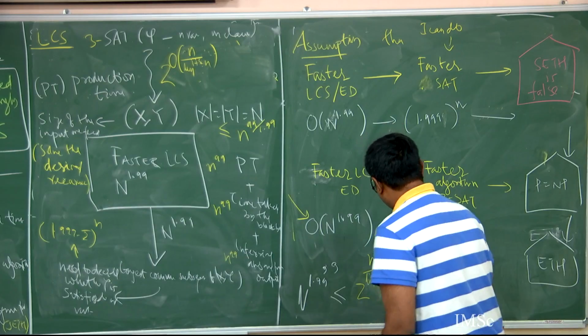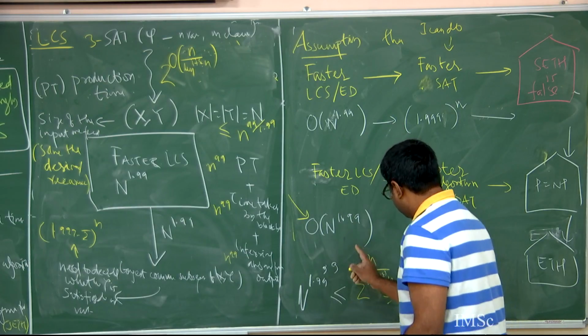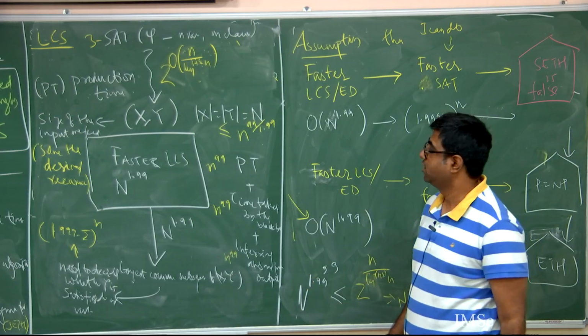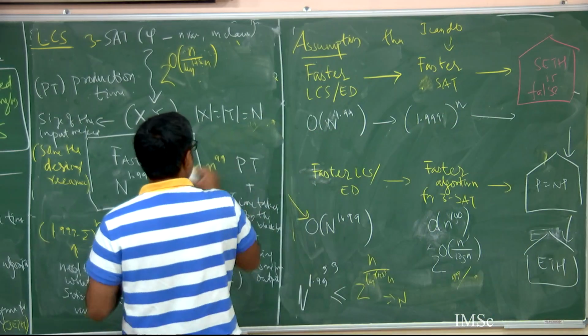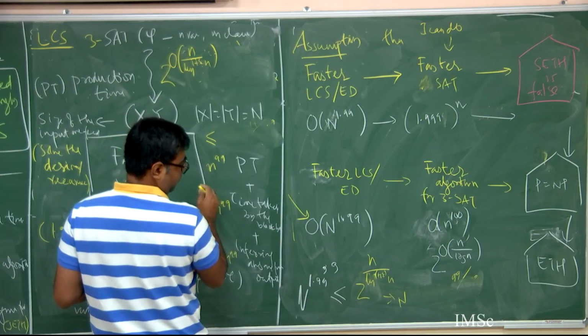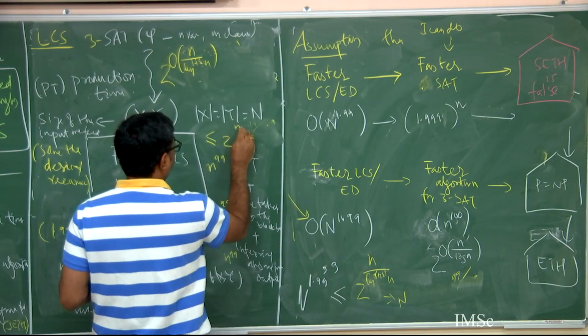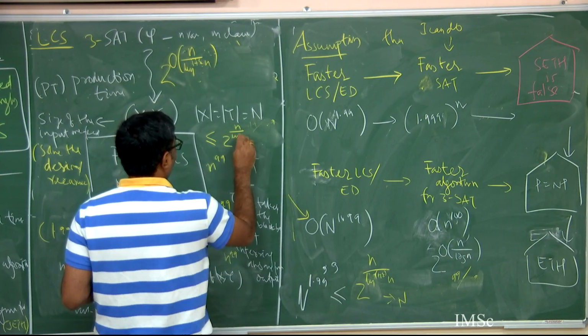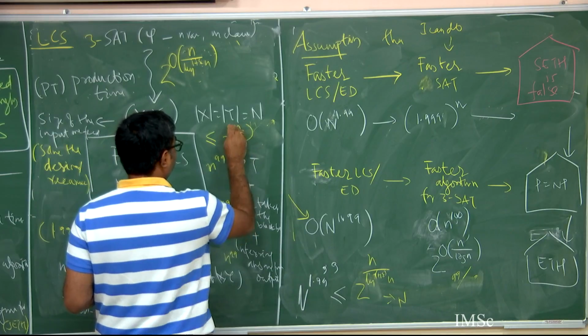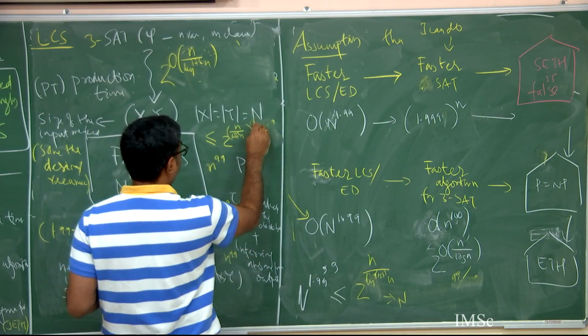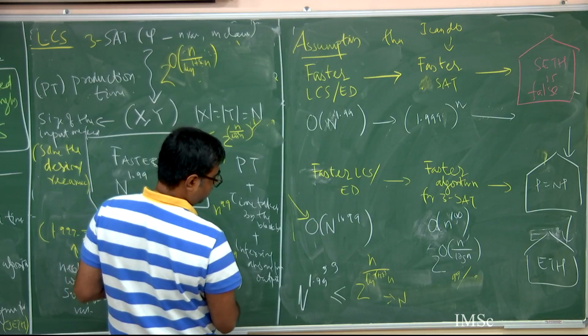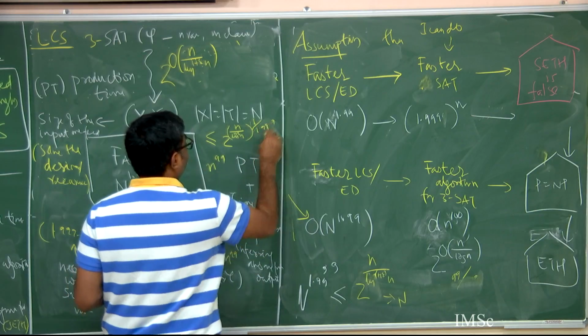So this implies n to be whole power 1 by 1.99. So this will become basically less than or equal to 2 to the power n divided by 1 plus epsilon log n to the power 1 divided by 1.99. This is what it is.